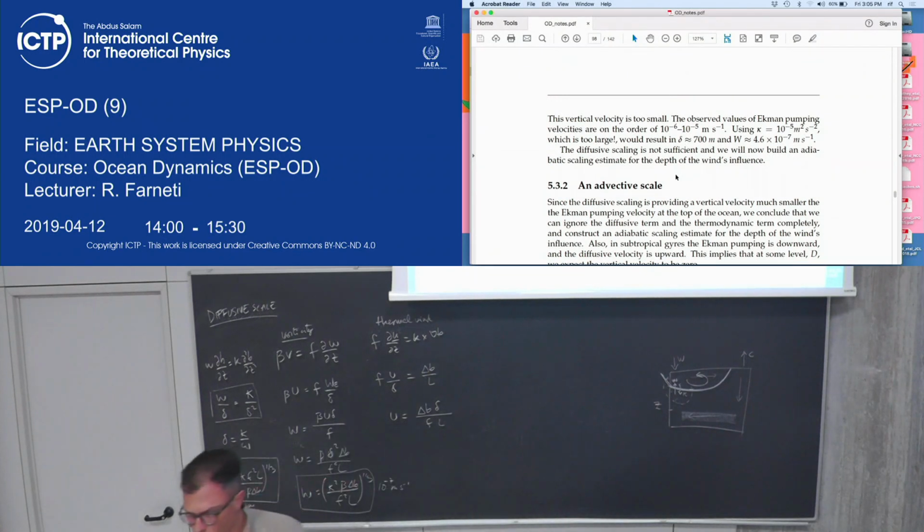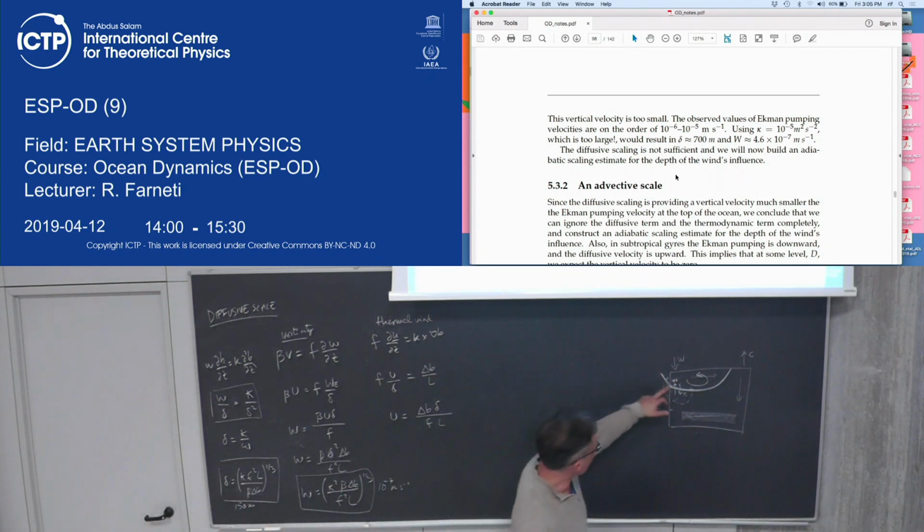Okay, but the vertical velocity, the Ekman pumping velocity, is 10 to the minus 7, which is way too small. The observed values are between 10 to the minus 6 and 10 to the minus 5. So this vertical velocity, which is in balance with the vertical diffusion in a simple advective diffusive scaling, is too small.